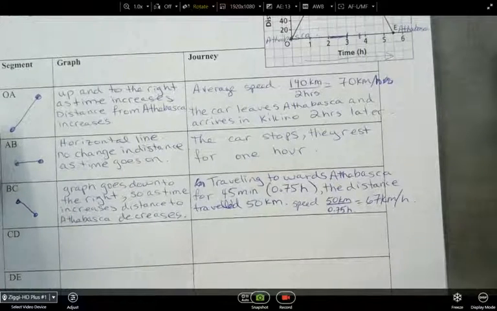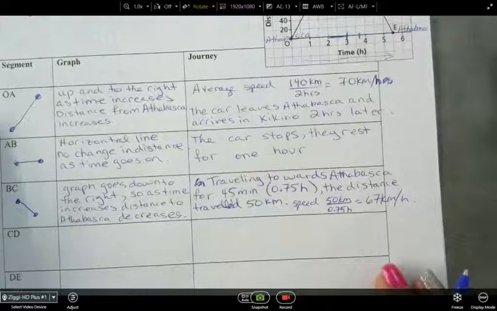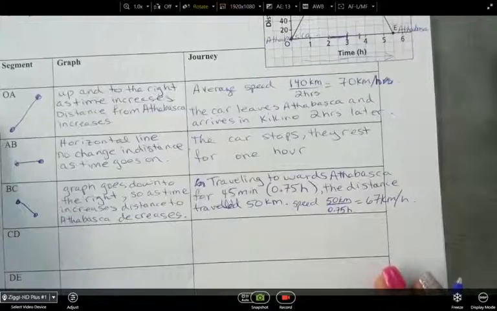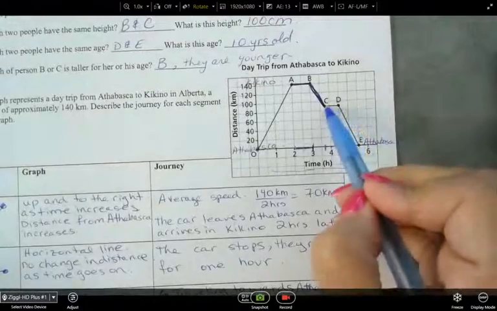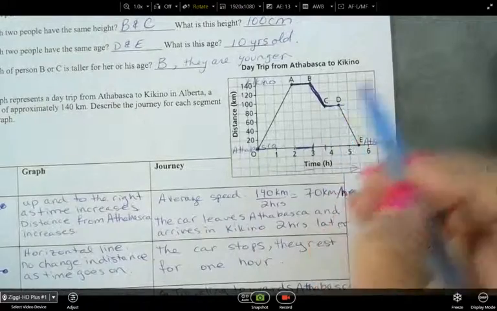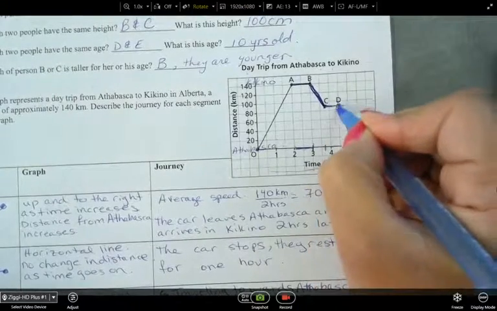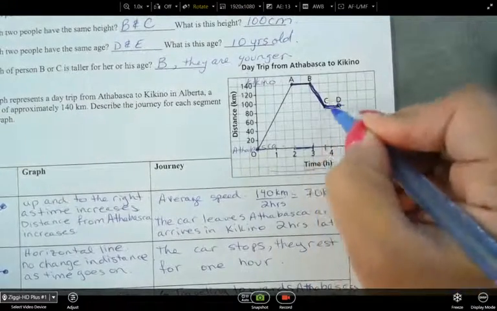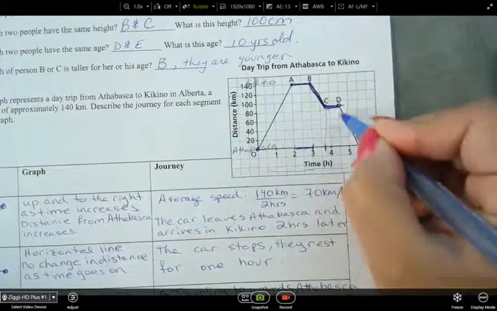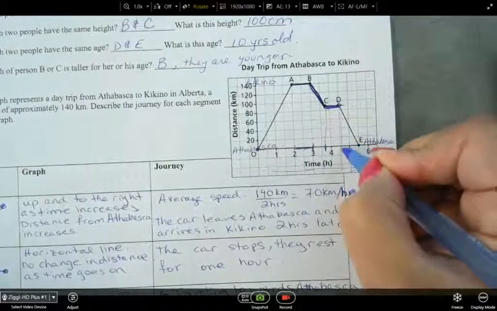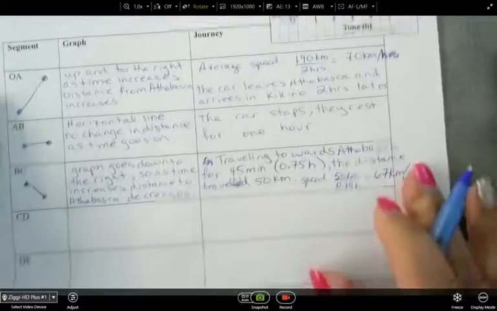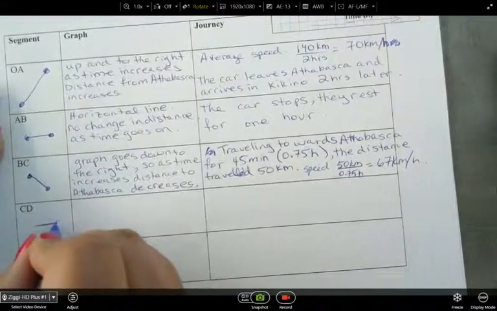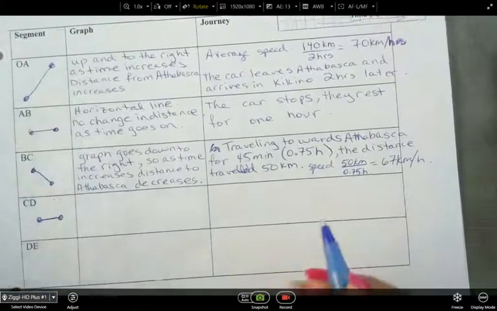And then in CD, so let's go back to our graph and look at CD. What's happening in part CD? So they're resting again, whoops. So that's from here to here, they're resting again. So how long did they stop for? Let's look down here. Another 45 minutes? Okay, so my line looks horizontal, like that.